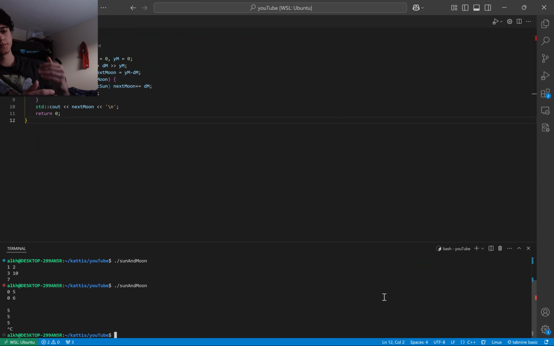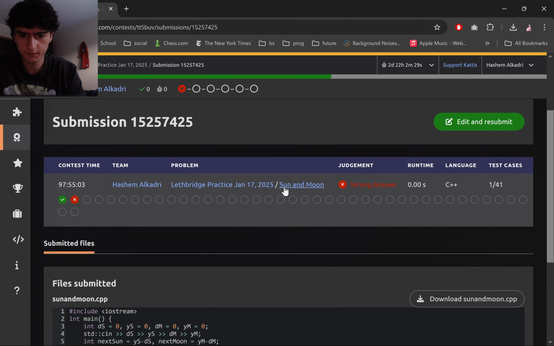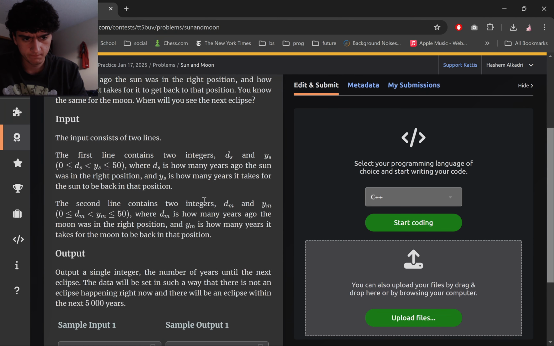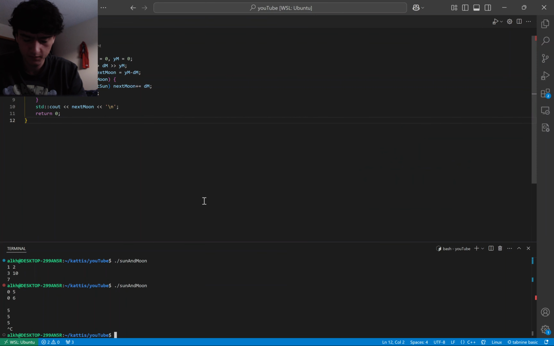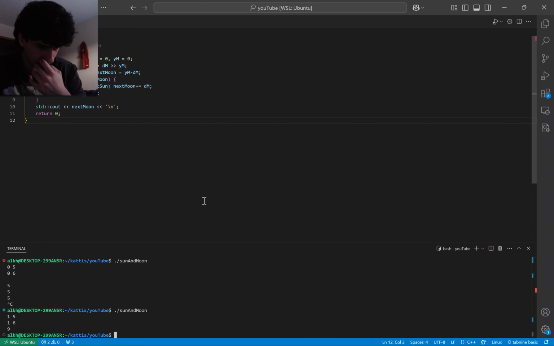We're incrementing the moon until it passes sun, and then we increment sun until it passes moon, or is equal. So, why didn't this work? Let's go back to it. It's not correct.